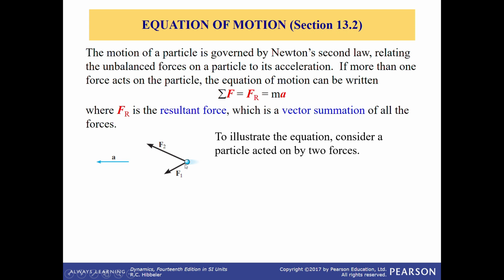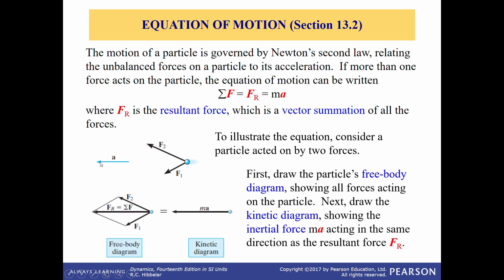But we need to know in which direction the particle is going to move. For example, if we know the direction of the particle is in this direction, I will say that a here is the direction of the acceleration. So first you need to draw the particle's free body diagram.